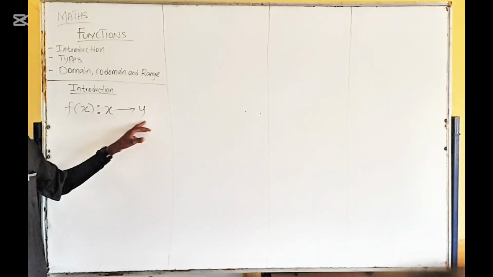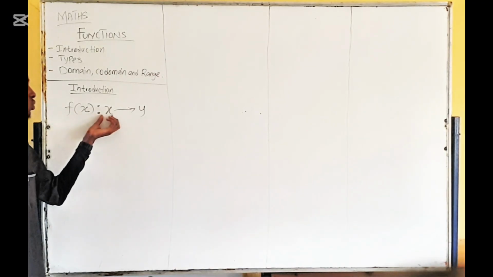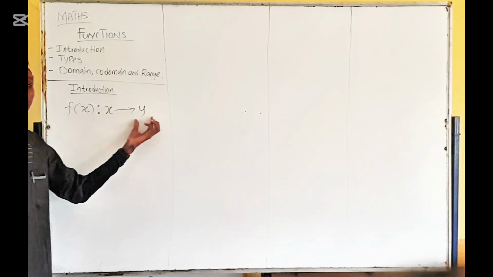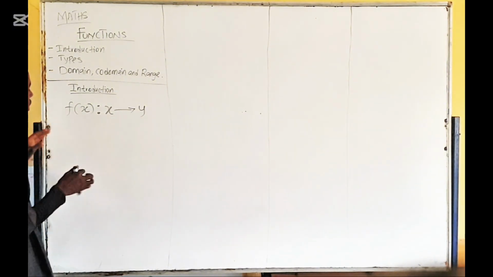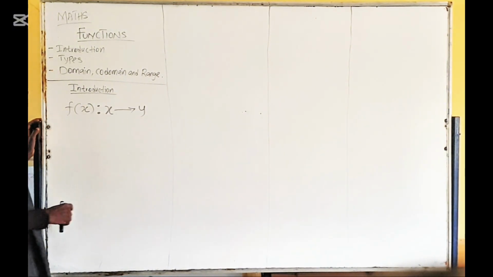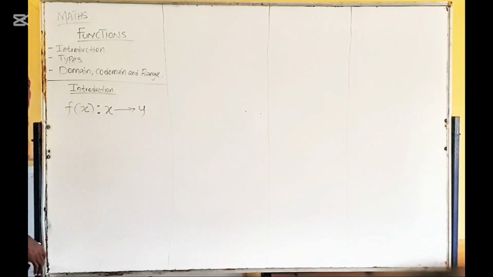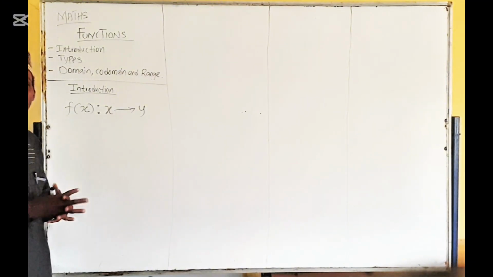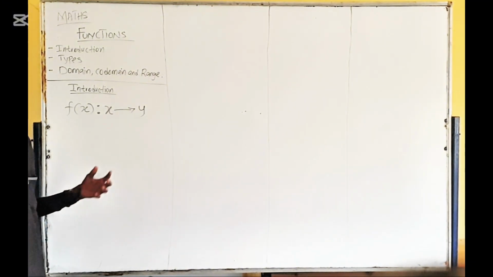These are outputs. It means whenever I insert x, then x will be processed and result in y. So generally, this is the definition of the function. This one is the name of the function, this one is the input of the function, and this one is the output of the function. So a function is nothing but a set of rules, laws, or relationship between two variables.